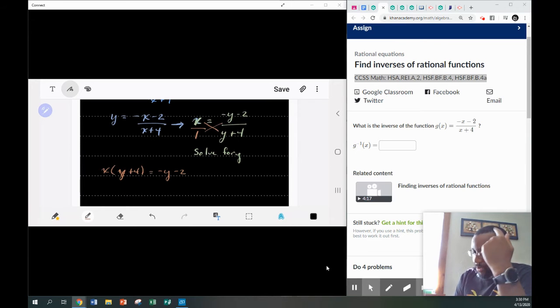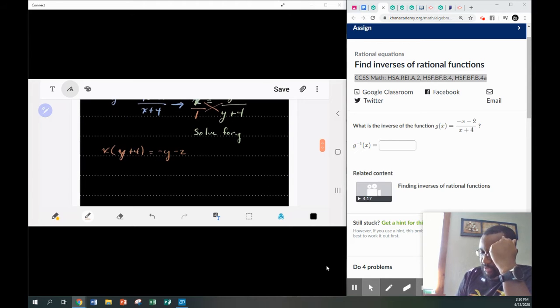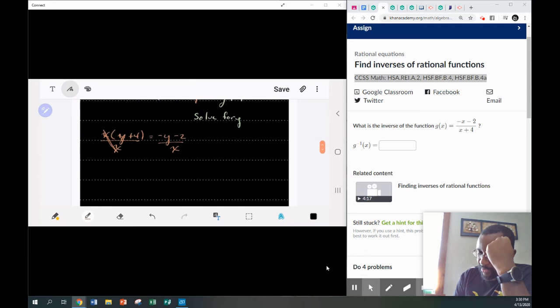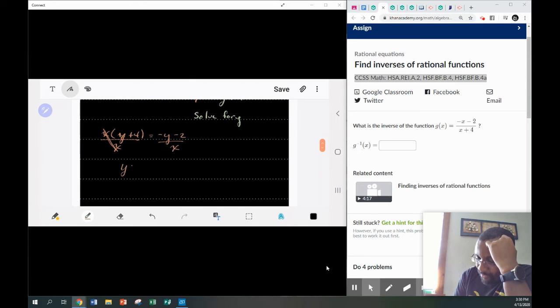Remember, we want the y's all on the same side. Let's get rid of this x by dividing by x on both sides. So now I've got y plus 4 equals negative y minus 2 over x.